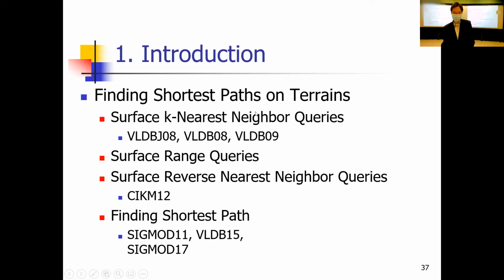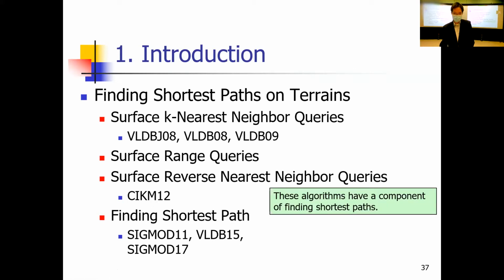Although I don't go through the details with you, according to the names you also understand we want to find some nearest neighbors, or find something within an area or a region, and so on. And this is the reverse version of the neighbor query and so on. So what I want to say here is that there are a lot of existing spatial queries. They also have a component for finding the shortest path or shortest distance. So what we will talk about is very fundamental and can influence the whole field.